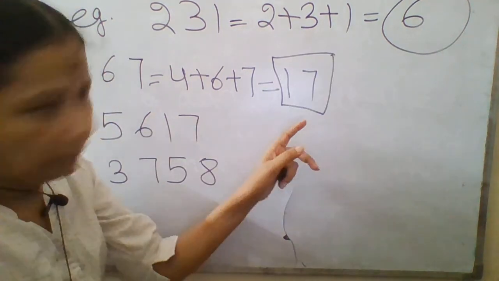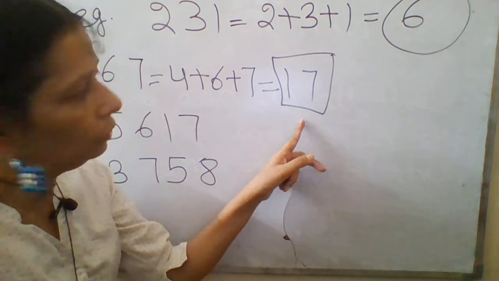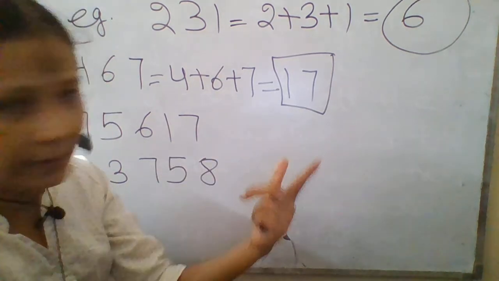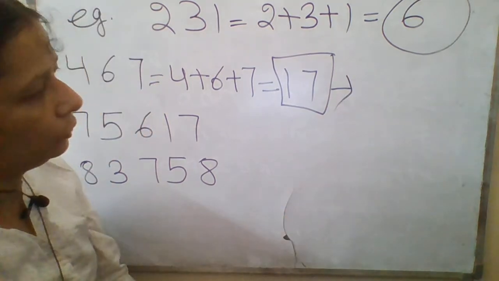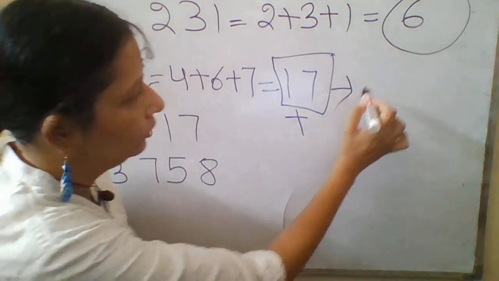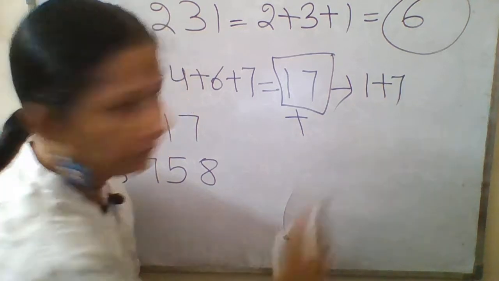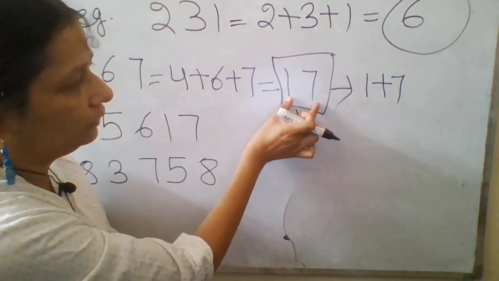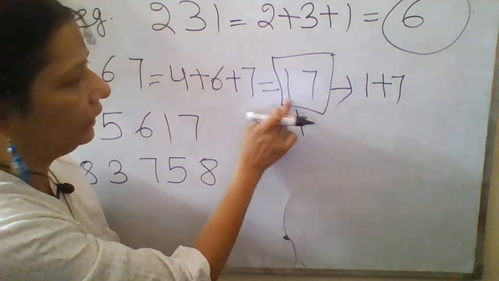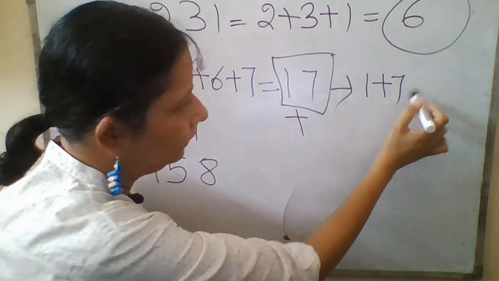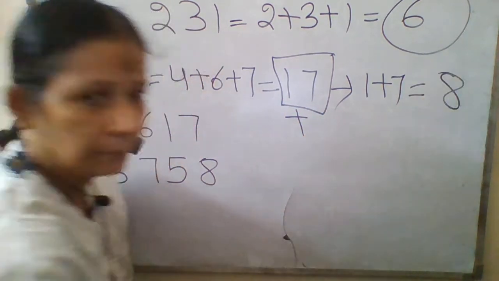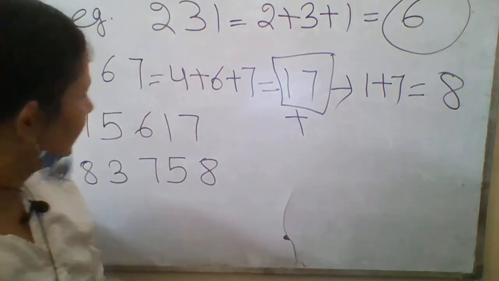So earlier I told you, keep on adding until you obtain a single digit. So what will you do here? You will add 1 plus 7, because here you have got two digits, 1 and 7. So you add both these digits, 1 plus 7, which is equal to 8. So 8 is the digital root here.